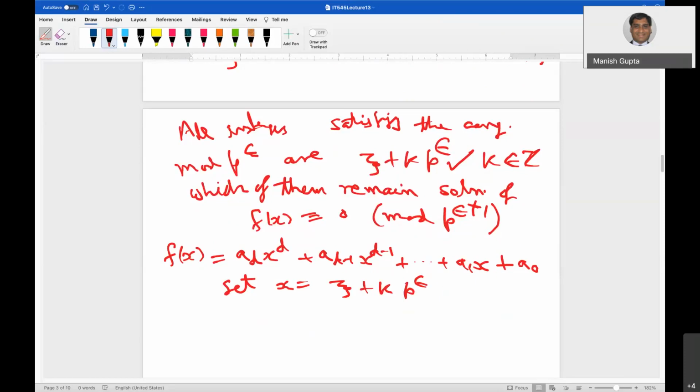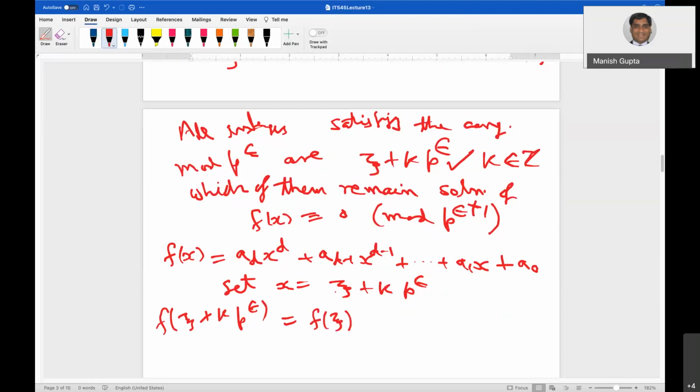Okay, so set x is equal to xi plus k times p raised to power epsilon. Now if you substitute this here, so we are going to get f of xi plus k times p raised to power epsilon is equal to, now you see when I substitute x, it will be f of xi, right?